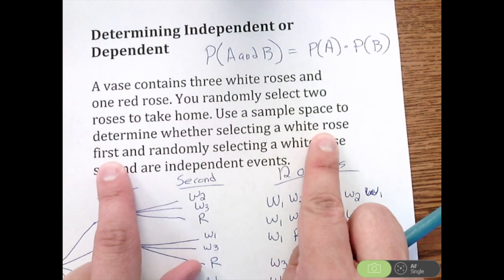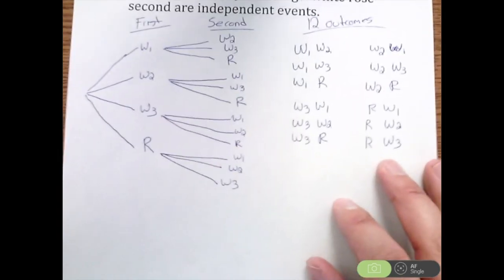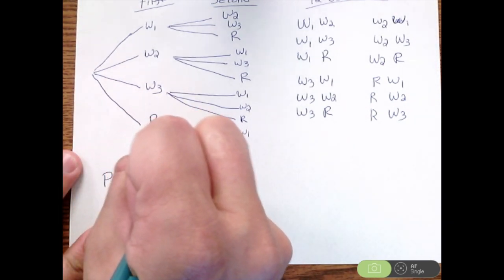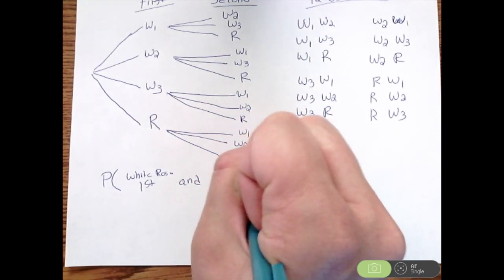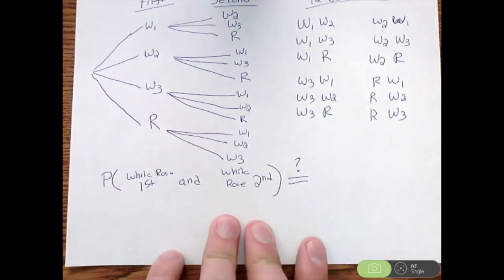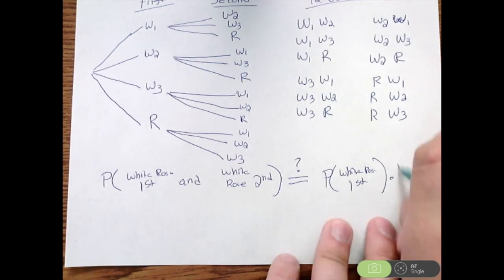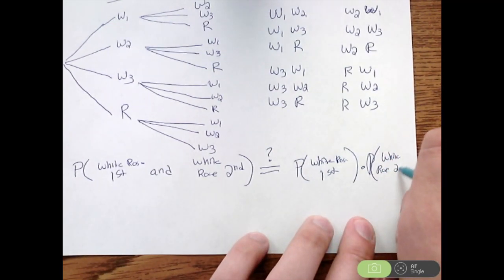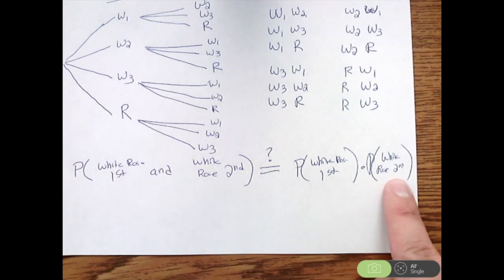White rose first will go in for A, white rose second will go in for B. So in words, we're looking to see if the probability of white rose first and white rose second is equal to the probability of a white rose first times the probability of a white rose second.